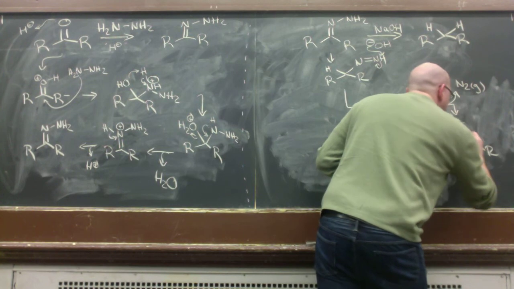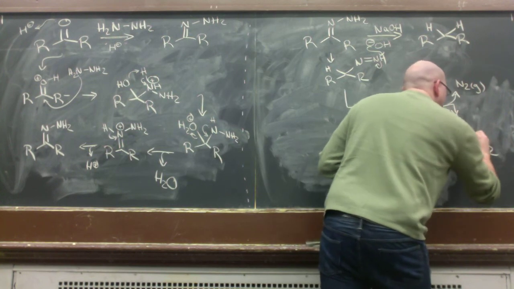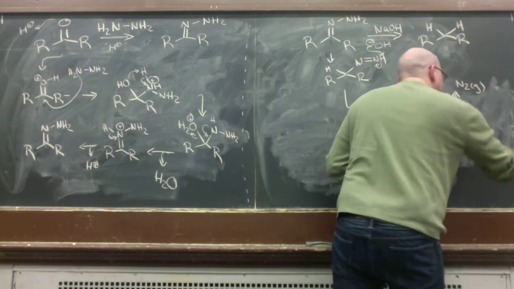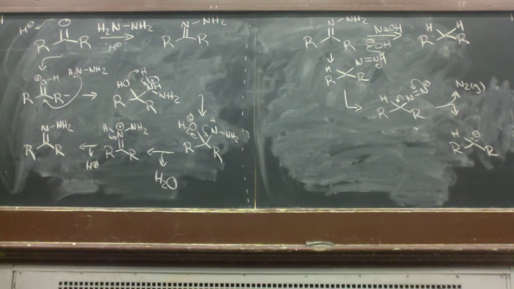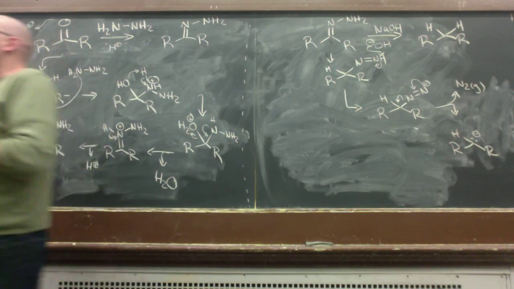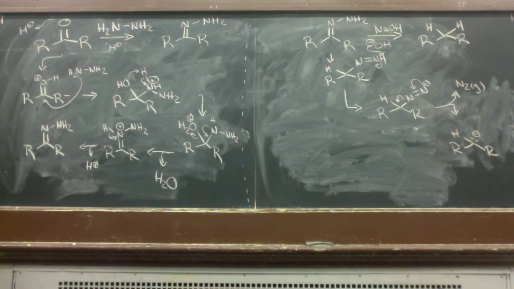we get to an intermediate that on the surface might seem a little bit difficult to visualize. Because generating alkyl anions, carbon-based anions, is not necessarily something that we've seen a lot. You would imagine that's a very high uphill barrier to be able to generate that negative charge.